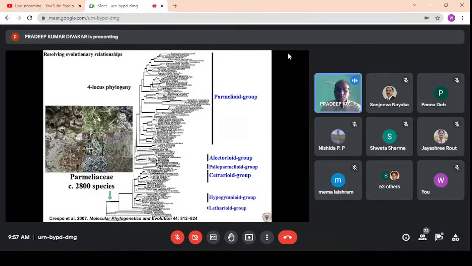And then we defined 7 groups, 7 clades. That is the Parmelioid clade, Alectorioid, Coeloparmelioid, Cetrarioid, that includes all the Cetraria, Hypogymnioid, that includes Hypogymnia, and the Letharioids, that include Letharia. All these clades were monophyletic.